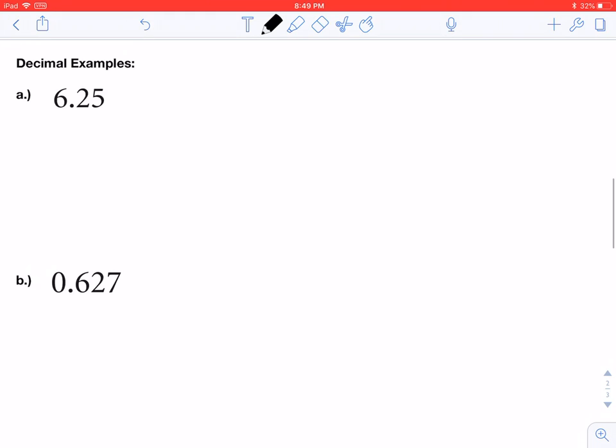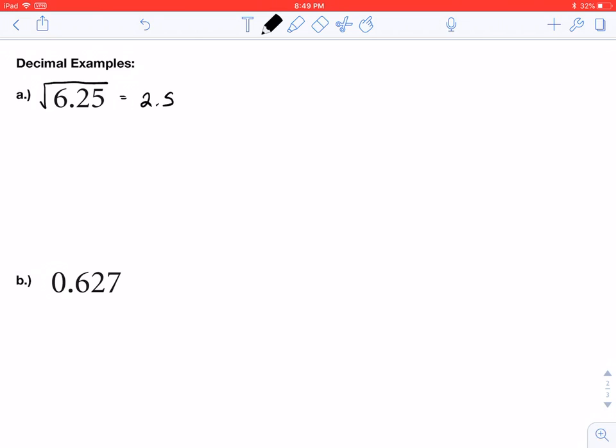All right, let's move on to decimals. So for decimals, I would just put into your calculator. I would take 6.25, take the square root of it. And I calculated this already. You should get 2.5.